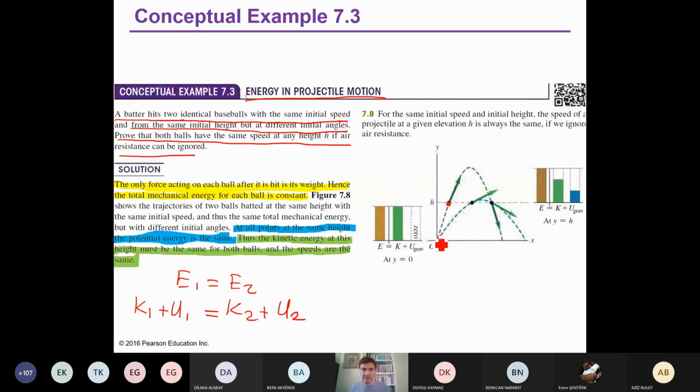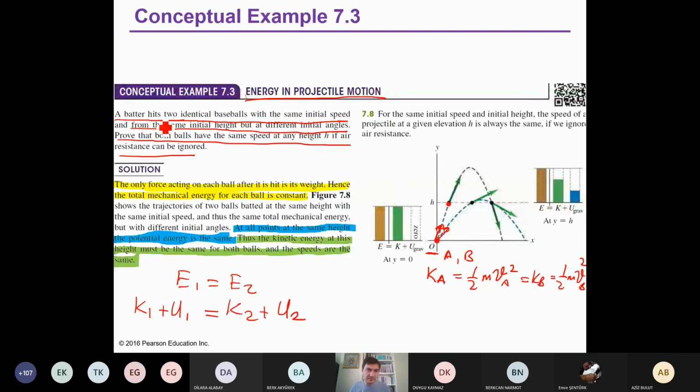Here, let's consider that this is the initial condition and I choose it as the origin, and they start with the same velocity, same speed, okay? So if they have the same speed, it means that ball A and ball B have the same kinetic energies at the beginning. So now let's write the kinetic energy of ball A, which is equal to 1/2 m vA squared, and it is equal to 1/2 m vB squared, because it is given that they are two identical baseballs.